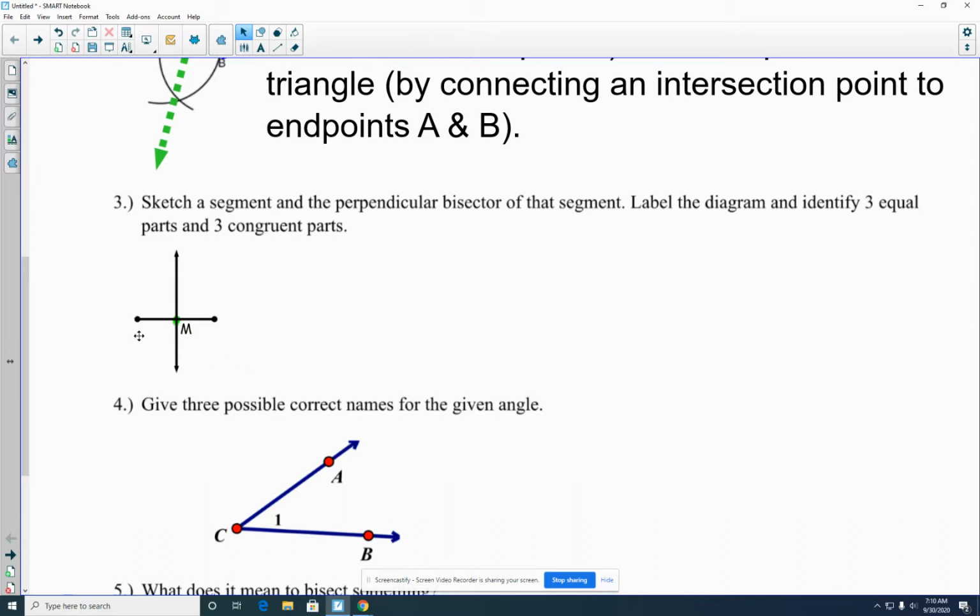I'm going to label this over here R. I'm going to label the other endpoint P. And then I'm going to put a point here on my bisector, and a point down here.